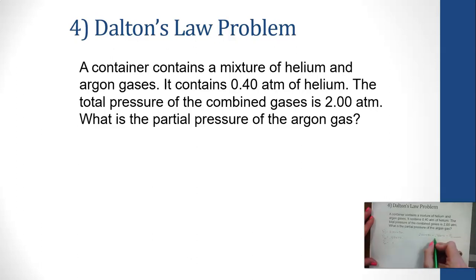Okay, I'm going to subtract 0.40 from both sides. I know what it is. You never know. You don't want to make a mistake. Okay, 1.60 atmospheres is the pressure of argon. Ooh, argon, AR.